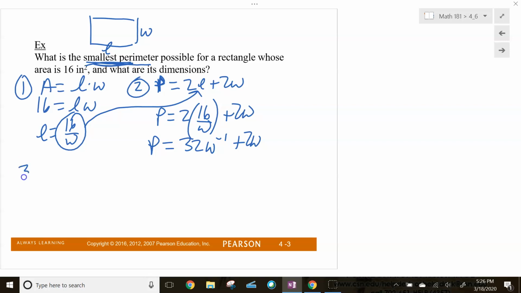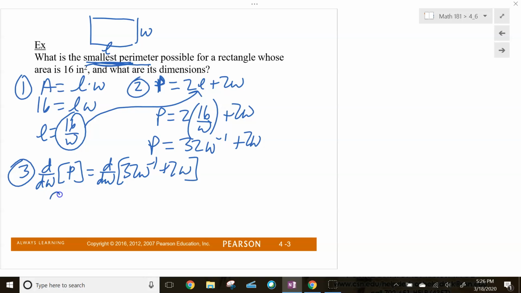All right, so number 3, let's take the derivative with respect to width. We've got dP/dW equals, and over here we're just taking the derivative with respect to W: negative 32 W to the negative 2 plus 2.